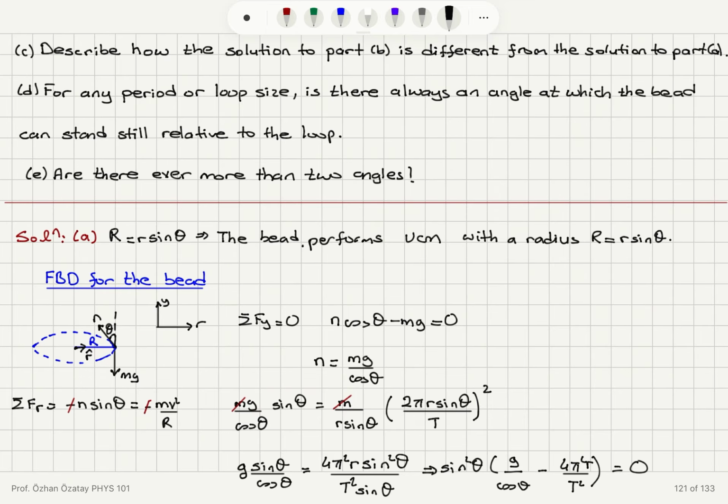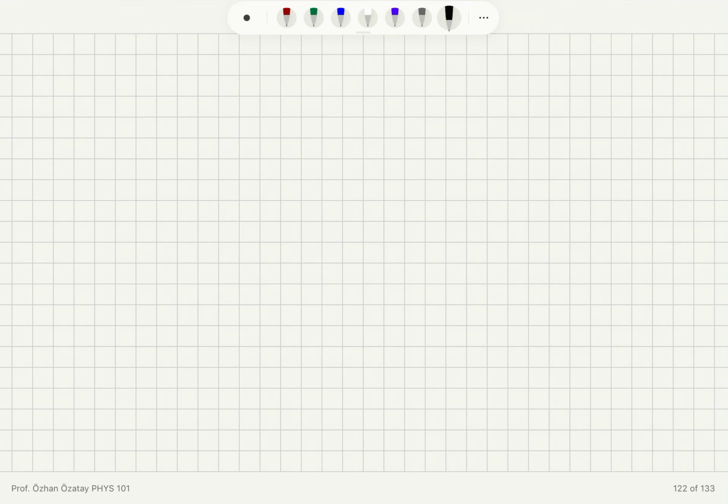So we're going to solve for the angle theta here. You can see that this equation will have two solutions.